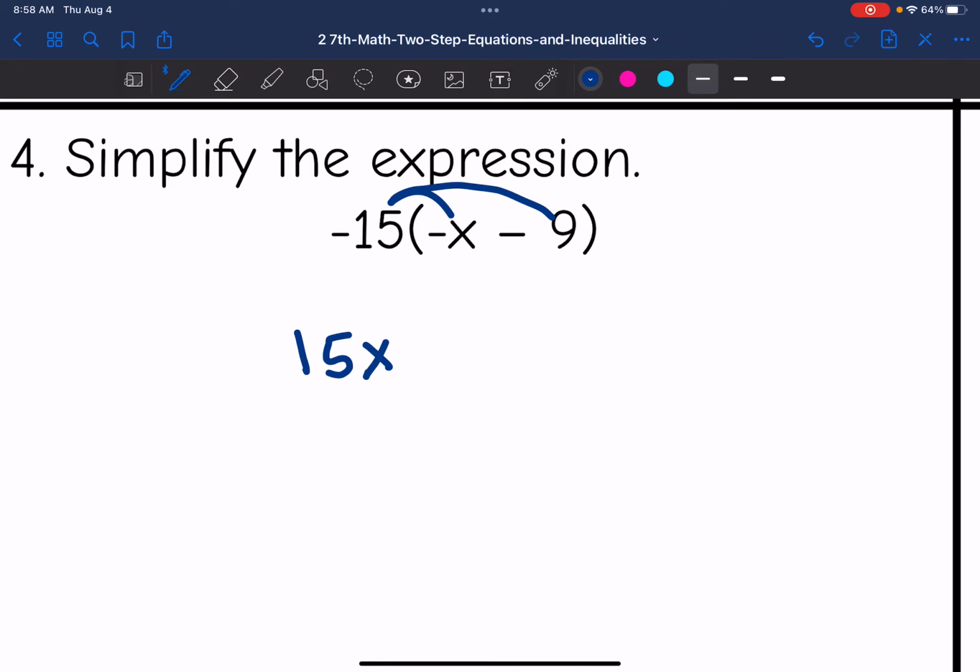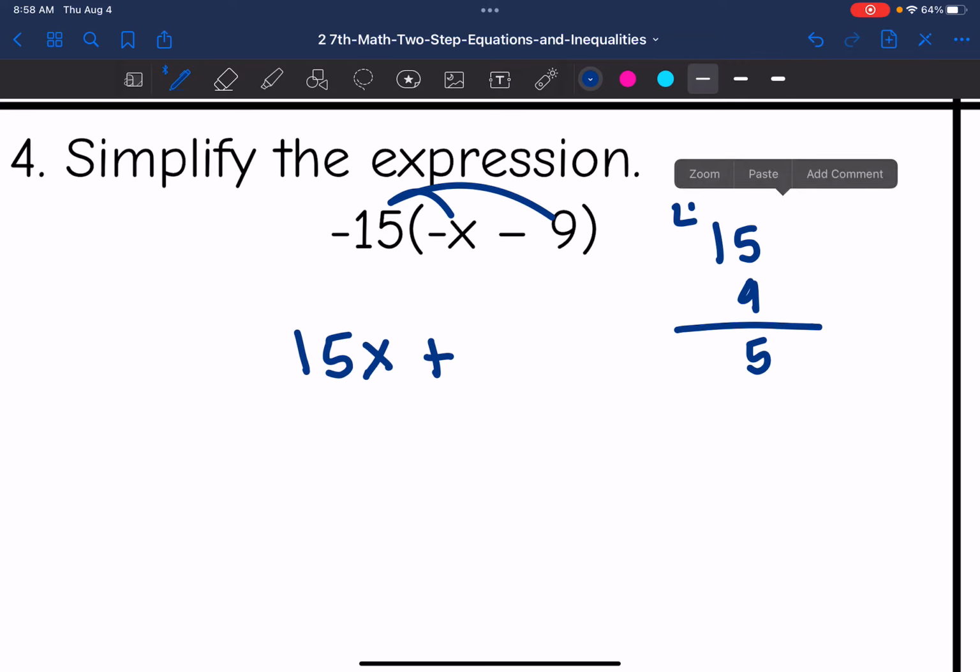And then negative 15 times negative 9 would be positive, and then I need to work this out. 9 times 5 is 45. 9 times 1 is 9, plus 4 is 13. So I get positive 135.